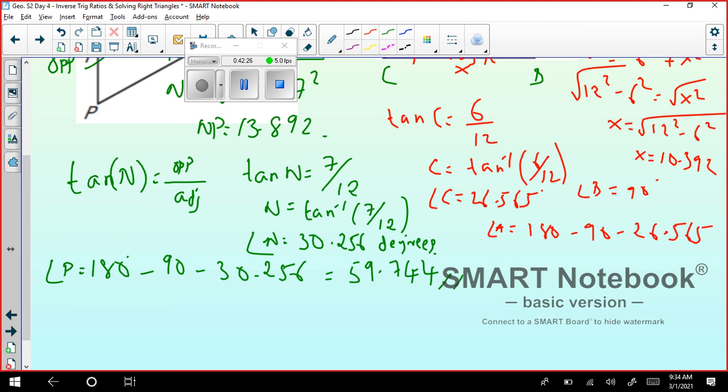Substitute that in the calculator to get the final answer for angle A. 180 minus 90 minus 26.565 gives us 63.435. So angle A equals 63.435 degrees. Okay, I hope this is clear.